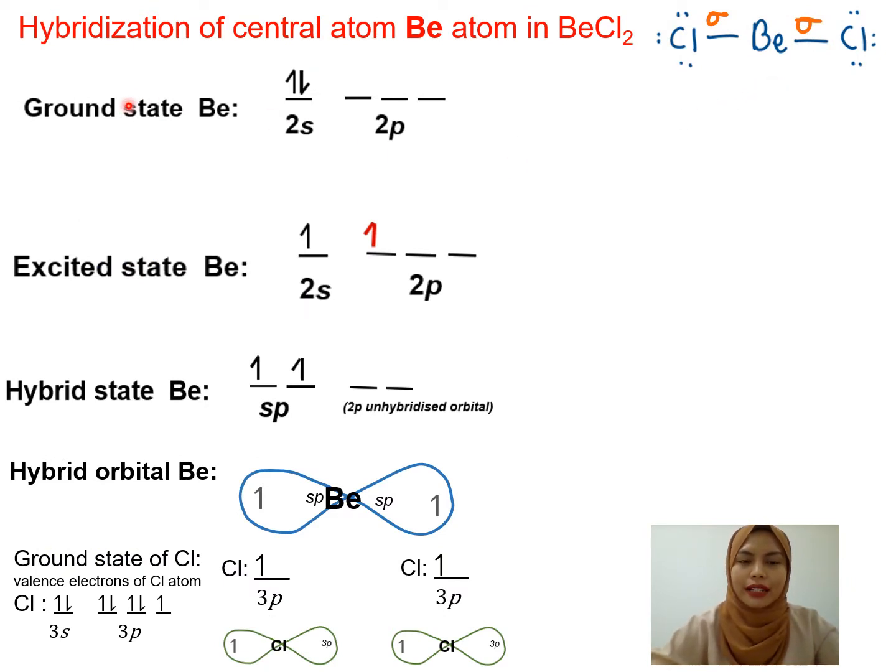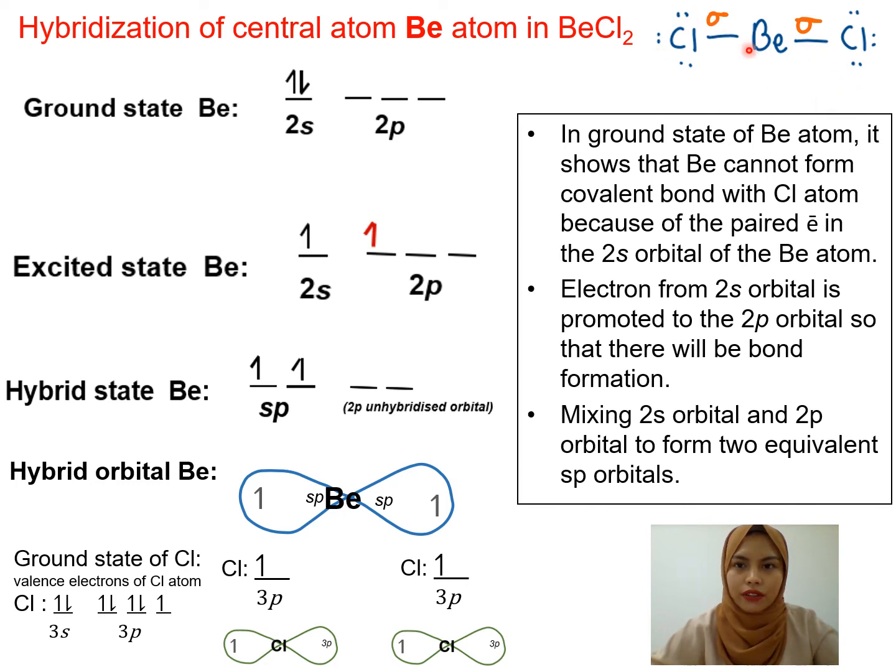Okay, macam mana you nak buktikan yang Be ni memang ada sp hybrid orbital? You boleh buktikan melalui you describekan the electronic configuration of Be di dalam bentuk orbital diagram. You tulis the ground state of Be, the excited state of Be, and the hybrid state of Be. So if you look at the Lewis structure of BeCl2, you akan nampak Be ni dia kena buat 2 single bond.